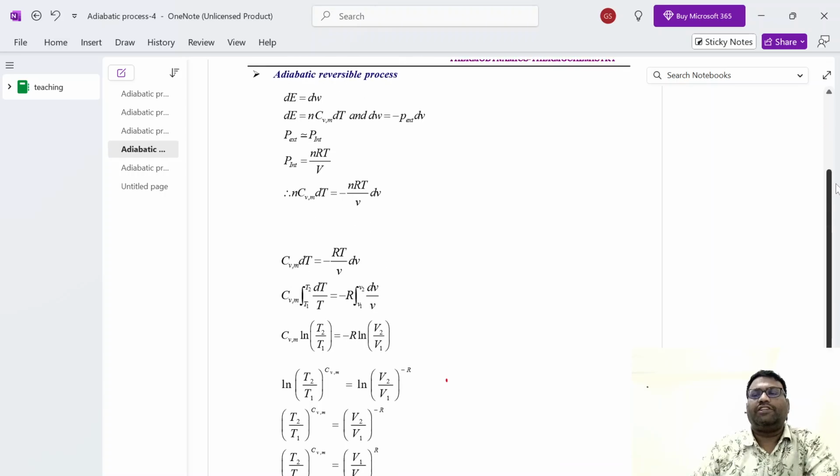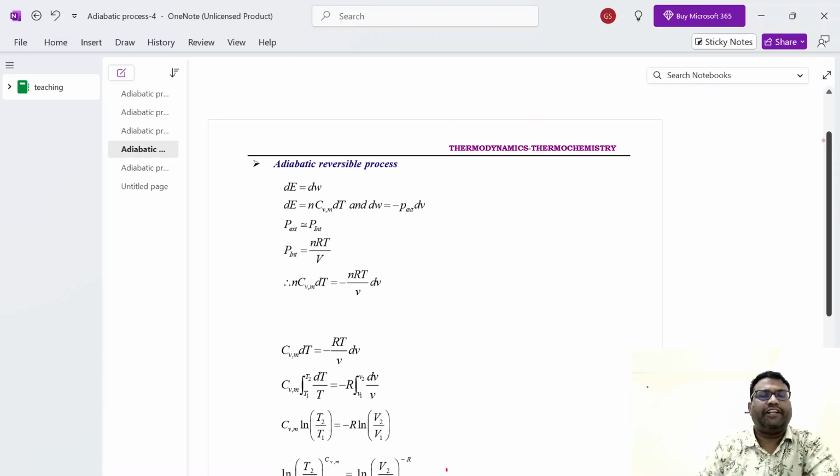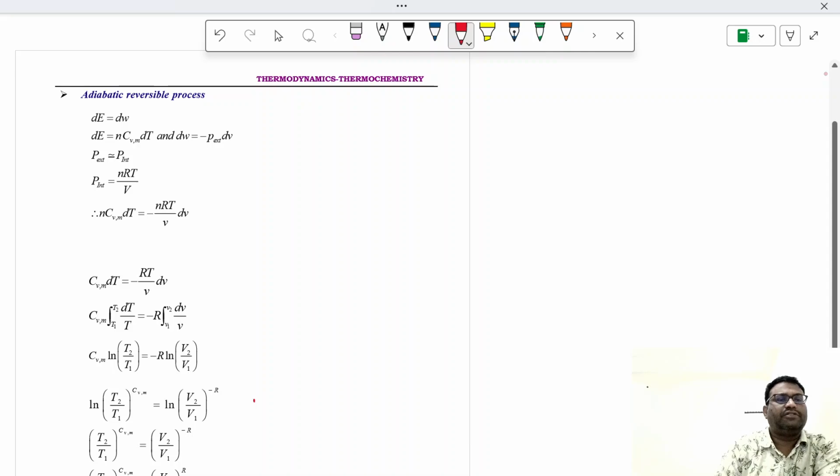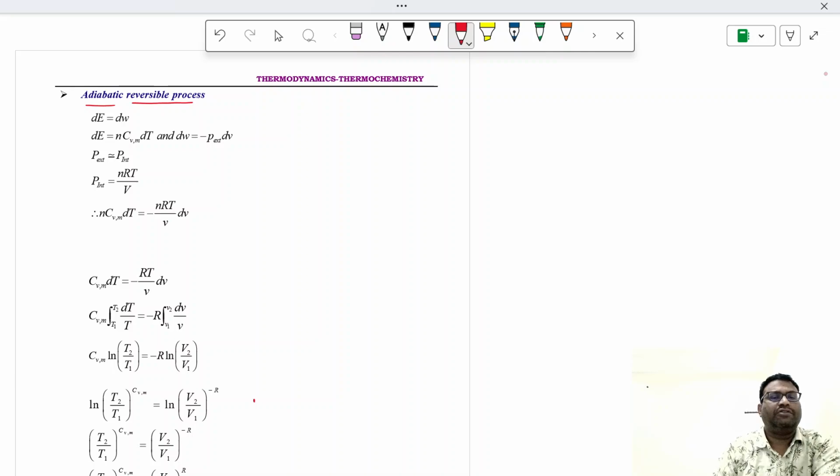So reversible expansion, we are speaking about the adiabatic reversible process. In the adiabatic process, already we know that Q is equal to 0. So here dE or dU, whatever it is. Internal energy can be represented as E or U. So dU is equal to dW.